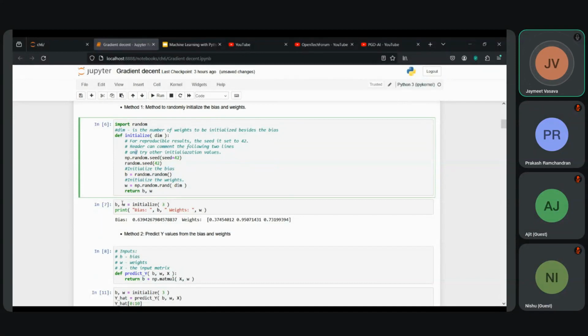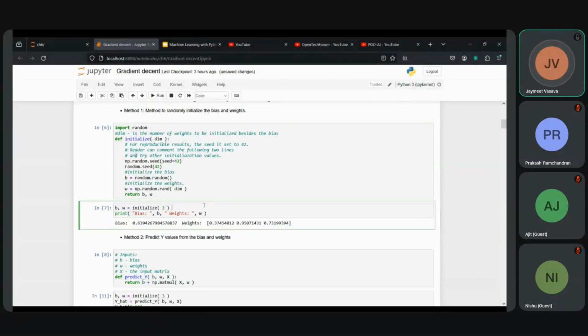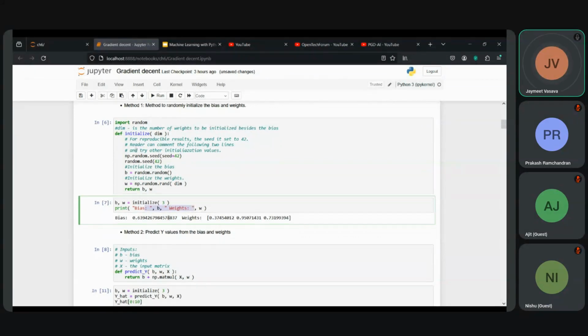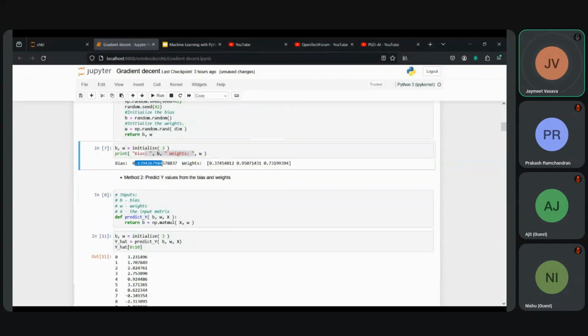And when we run the initialize method, for three parameters, which were TV, radio, newspaper, these are the values for bias, and these were the values for weights.